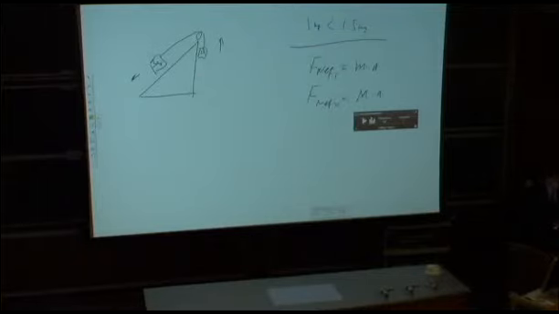Well, x, y. This is the set of axes the most convenient to be used for the first object, for the little guy. mg, tension, and well, the x component just doesn't exist, doesn't matter.